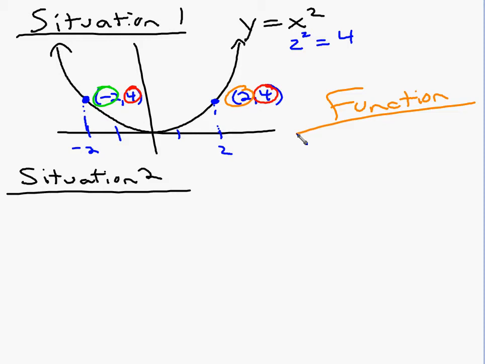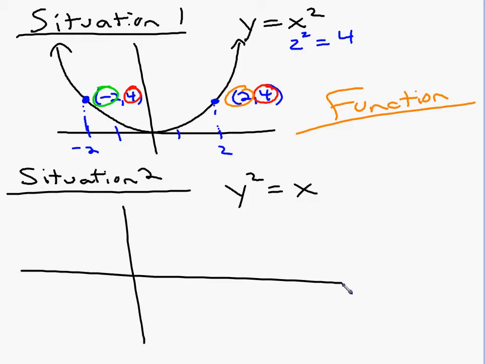Now let's look at situation 2. In situation 2, we're going to flip it around, and we're going to say y squared equals x. And the graph of y squared equals x looks like a sideways parabola, like that.